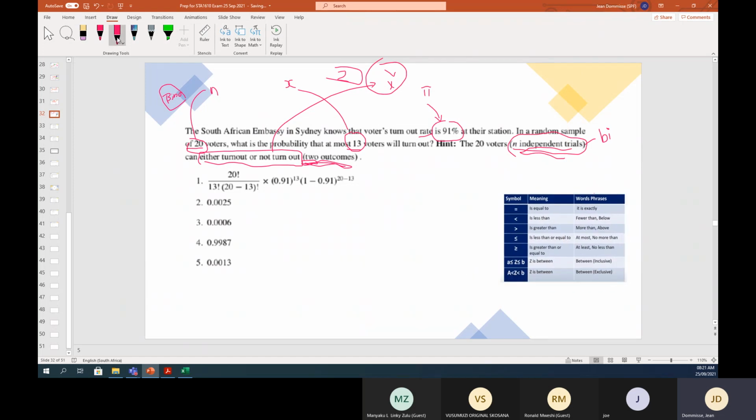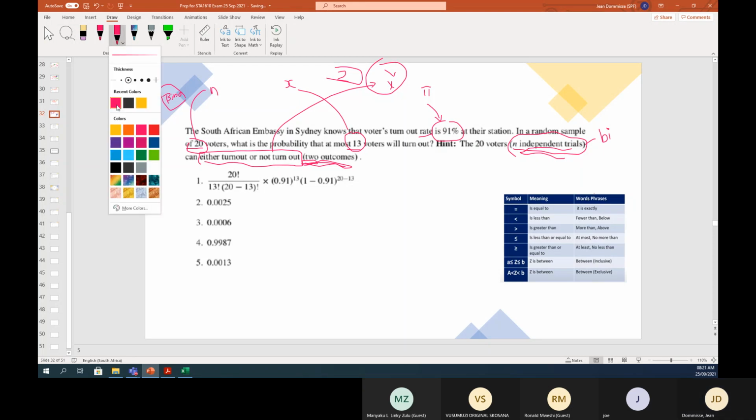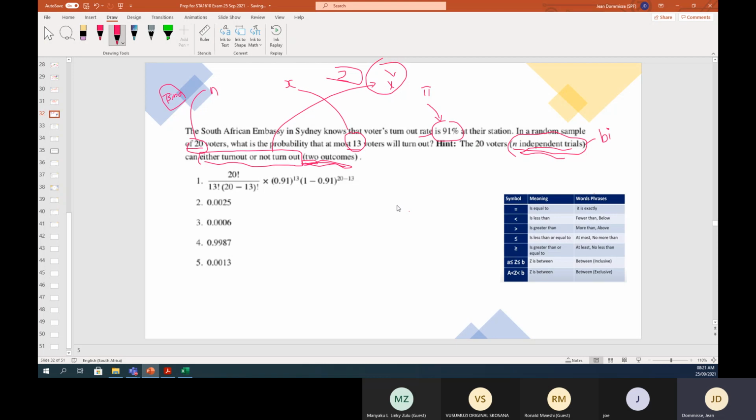So when they talk about at most, let's get that, where was it? The words at most, it means less or equal. So we will need to work out the probability that x is less or equal to 13.